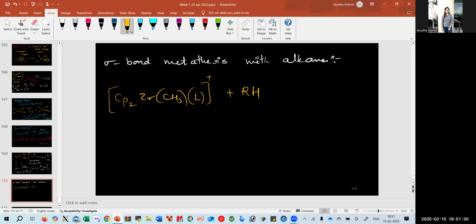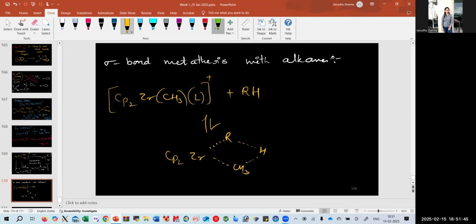When it is being treated with RH, Cp2Zr would start making a bond with R and the R-H bond starts breaking up. The bond between zirconium and CH3 starts breaking and it starts making a new bond. Whichever it is going to make, I'm just going to highlight in green color.